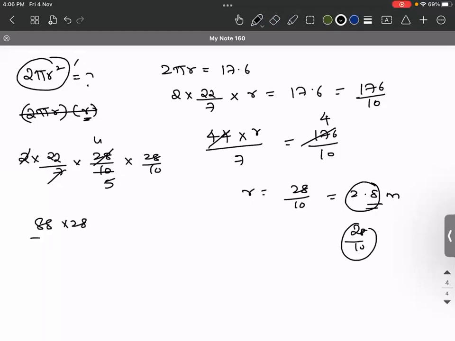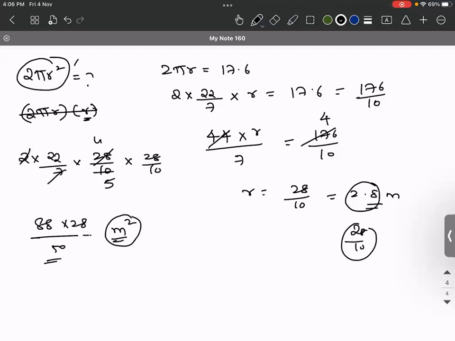So 88 into 28 divided by 50, correct? So these many meter square is going to be the answer. I think the multiplication part you can do because the number in the denominator is simple. That part is left.